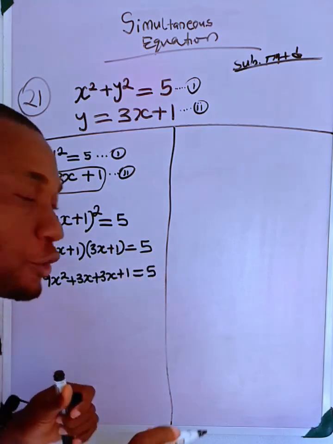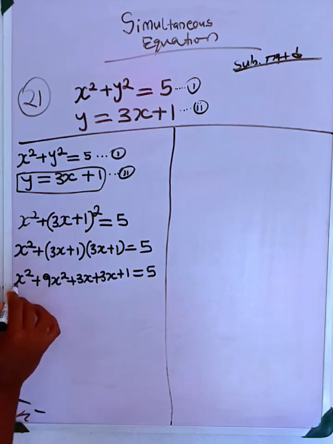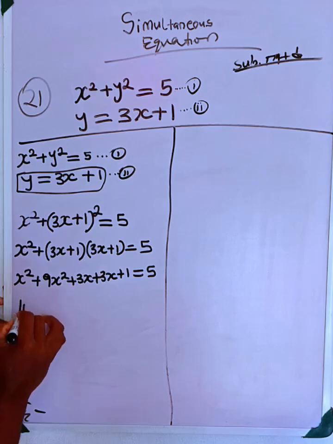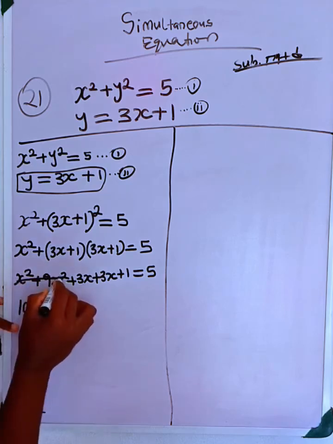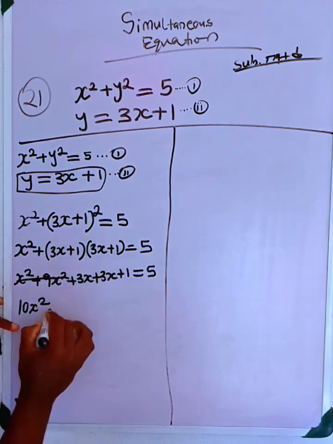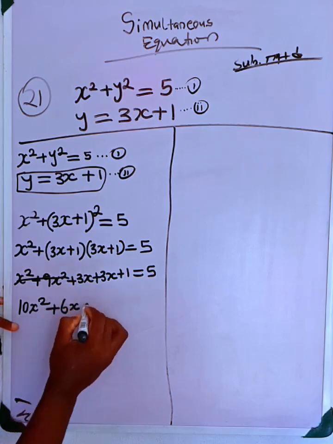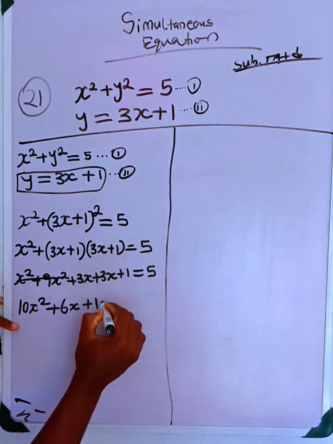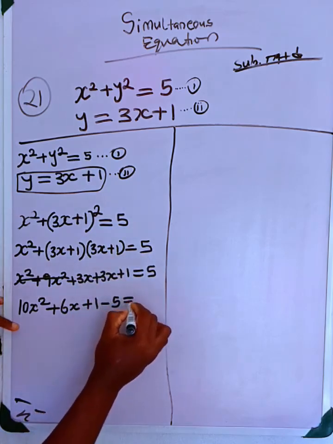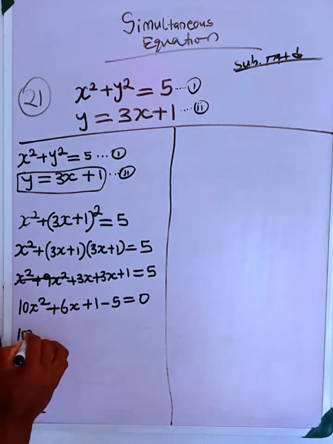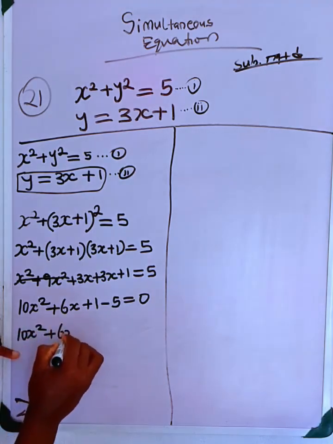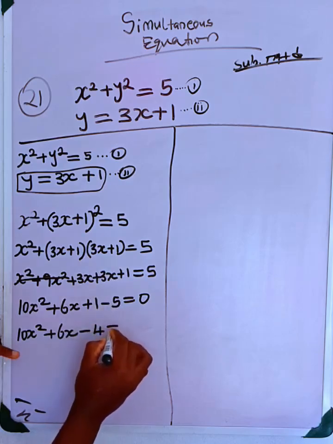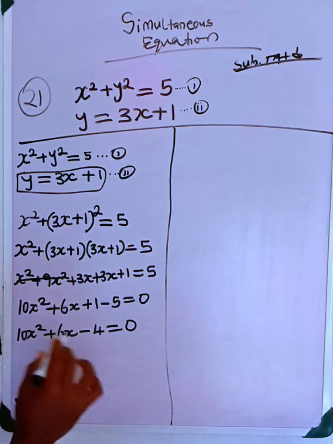I hope there is no confusion. x squared plus 9x squared is the same thing as 10x squared. 3x plus 3x is 6x, plus 1. 5 crosses the equality sign and becomes minus 5, equals 0. So we have 10x squared plus 6x, 1 minus 5 gives minus 4, equals 0. It is now in standard form.